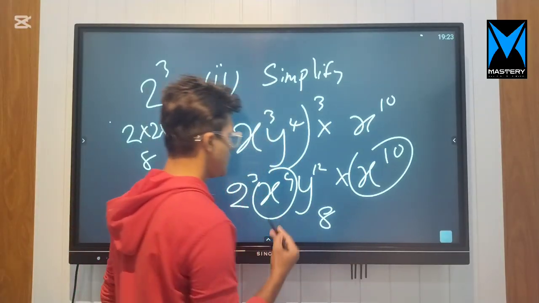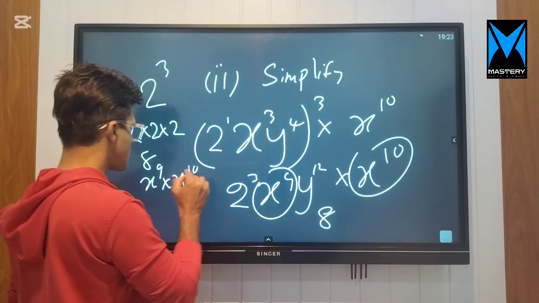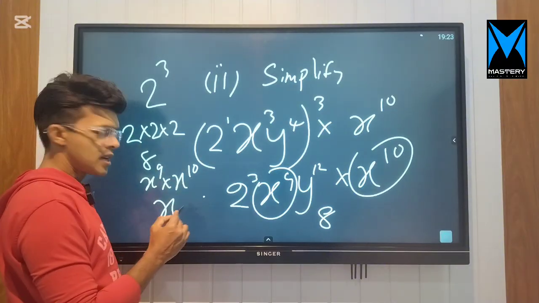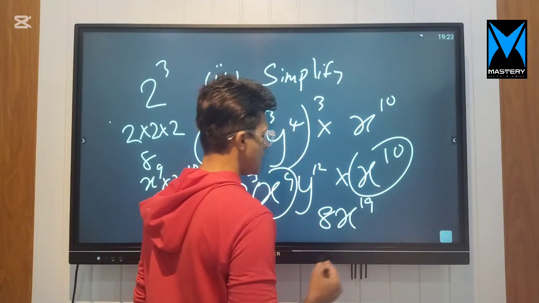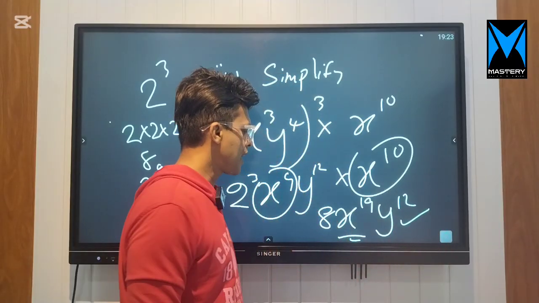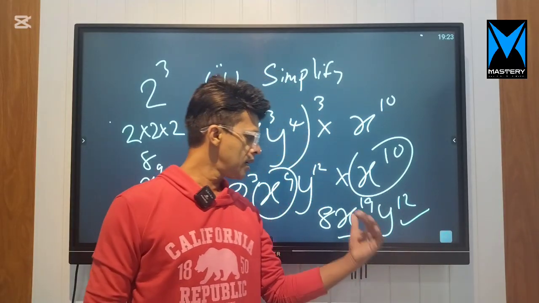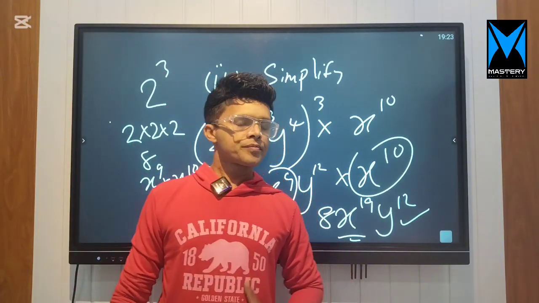So 8, x to the power 9 into x to the power 10. The base is equal, therefore you could add 9 plus 10, which is 19. So x to the power 19, y to the power 12. This is the answer. You can't simplify further. These are unlike terms, therefore you can't add or simplify.